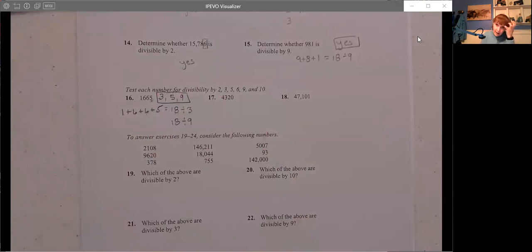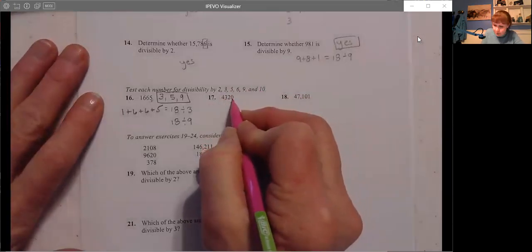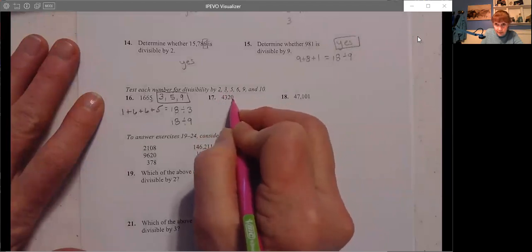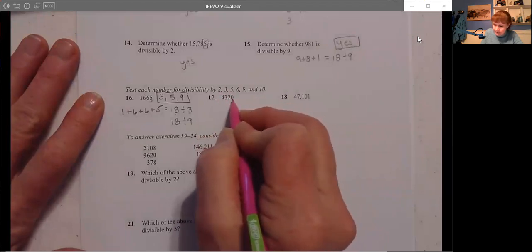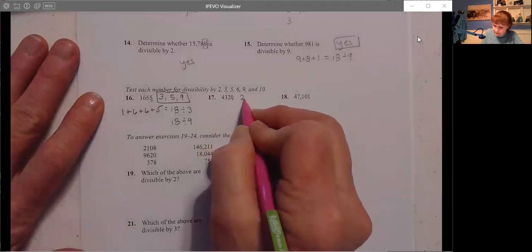Okay. All right. Let's try one more, and then we'll look at the multiples before we go on to 3.2 and 3.3. Here, is it divisible by 2? Well, this ones digit is a 0, which makes this an even number. So yes, 2 goes into it evenly.